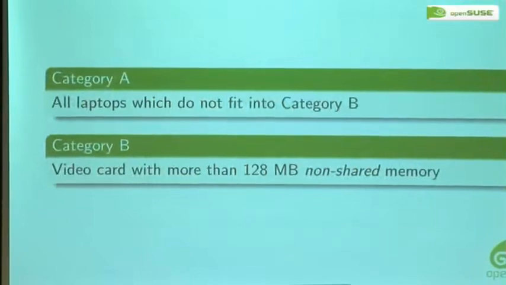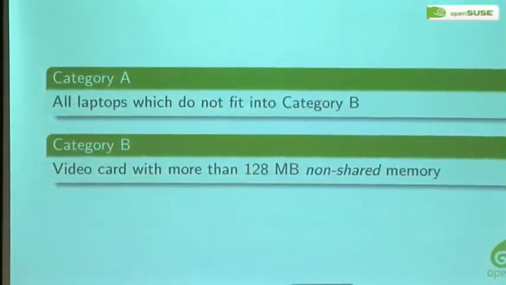There are 2 types of laptop categories. Category B are all notebooks that have a video card with at least 128 megabytes of RAM, and this memory has to be non-shared, and all other laptops are summarized in category A.